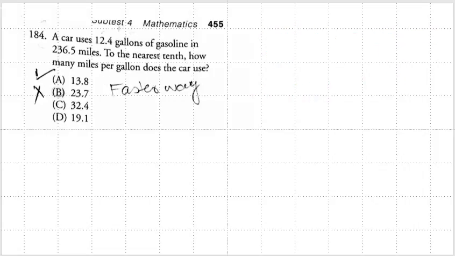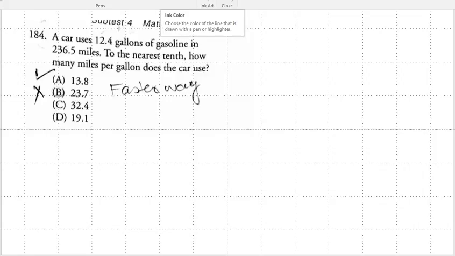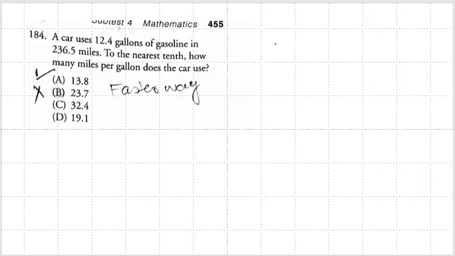Fast. A car uses 12.4 gallons in da-da-da-da-da. How many miles per gallon does the car use? They want you to find it. It's a ratio problem. What they're saying is that in 12.4 gallons, it consumes 236.5 miles.